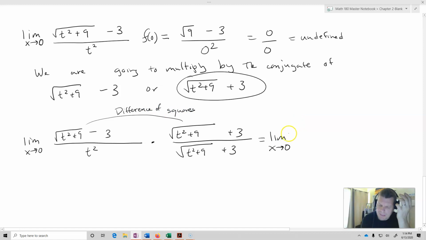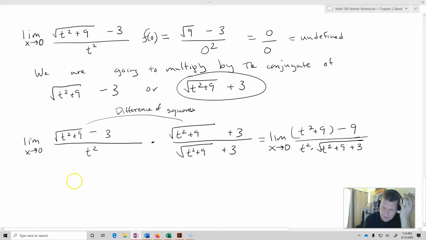So this is going to then be t squared plus 9 minus 9 all over t squared times the square root of t squared plus 9 plus 3. So this is now going to be the limit as x approaches 0. Our 9s are going to cancel, so I now have t squared over t squared times the square root of t squared plus 9 plus 3.